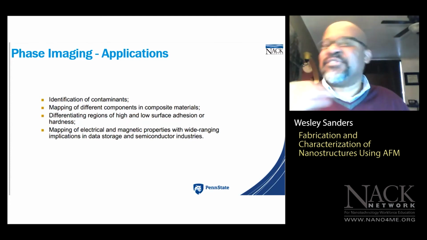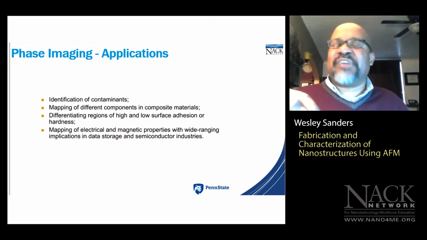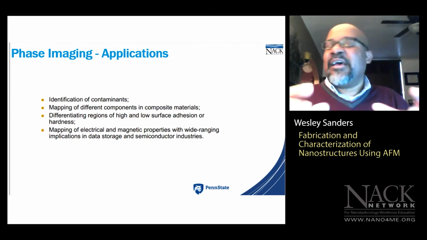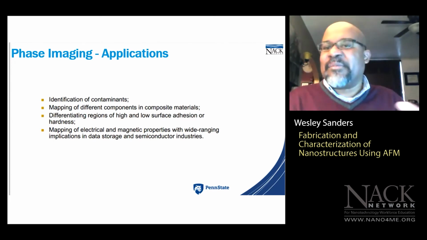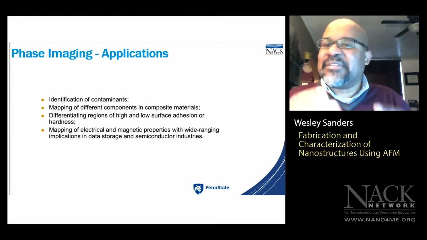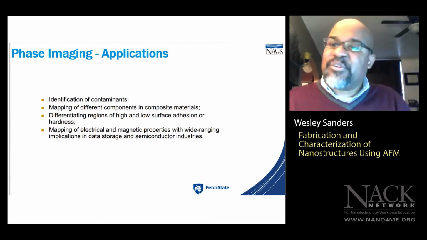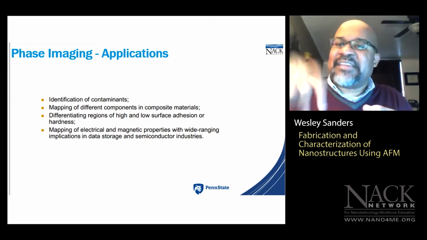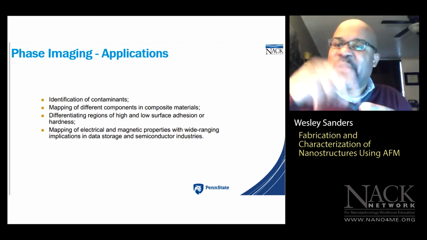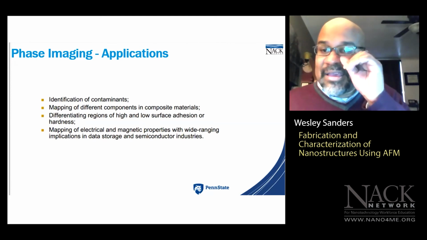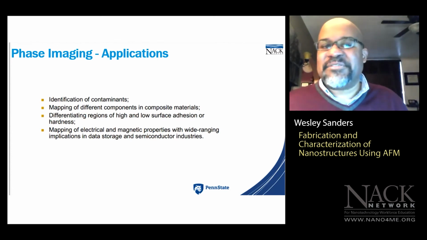So if we use DPN or electrochemical DPN to deposit an electroactive polymer or a non-conductive polymer on the surface, we may not be able to see the resulting structure using normal topography. But presumably the polymer will have a lower elasticity, so it's going to significantly dampen the frequency of the oscillating cantilever, which will allow us to pick it up in our phase image.